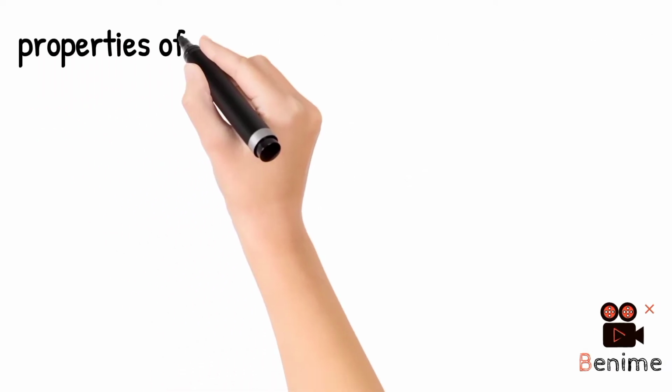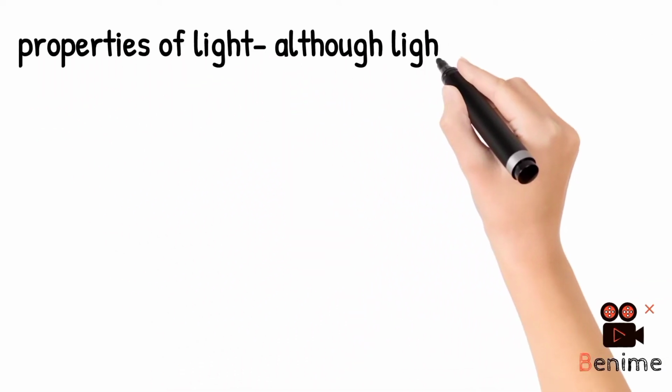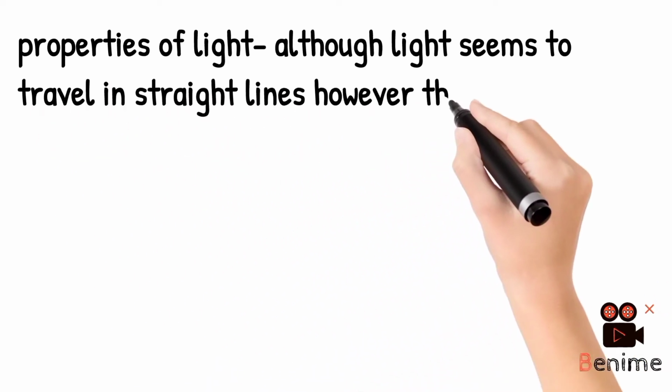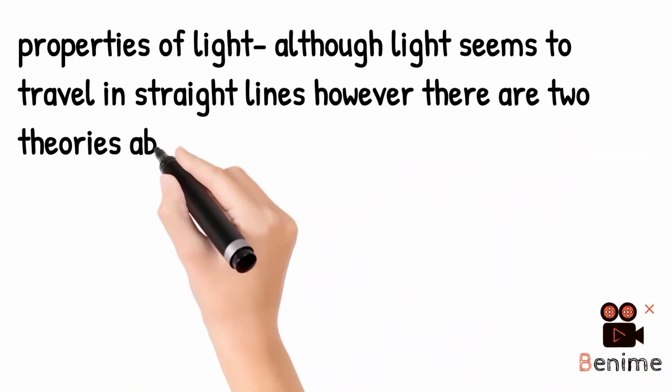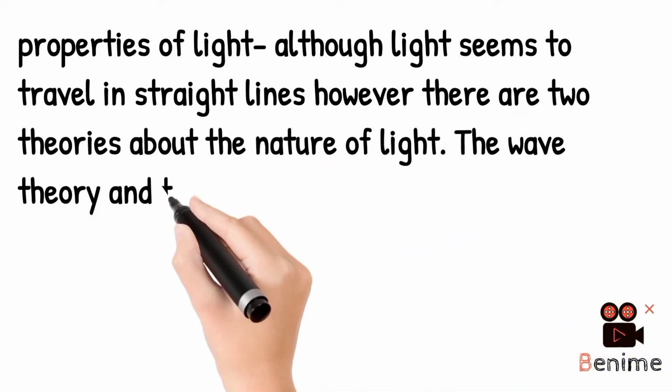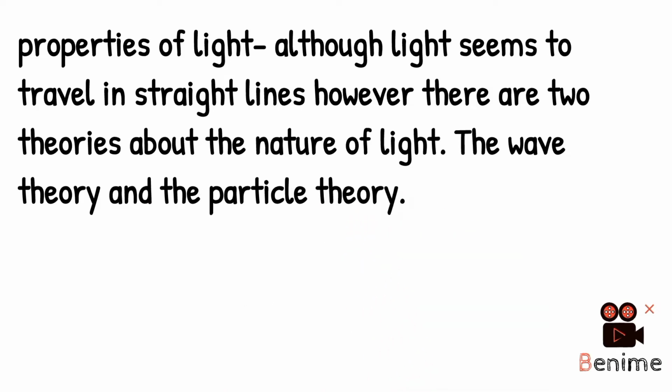Properties of light. Although light seems to travel in straight lines, there are two theories about the nature of light: the wave theory and the particle theory. According to wave theory, light consists of electromagnetic waves which do not require a material medium for their propagation.